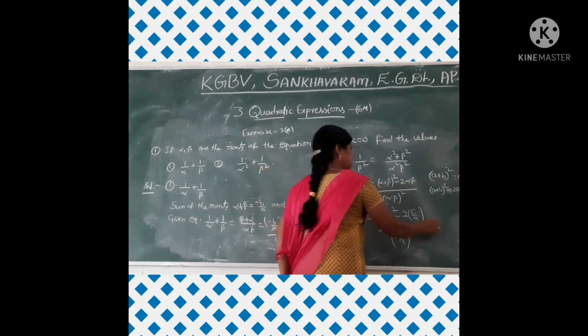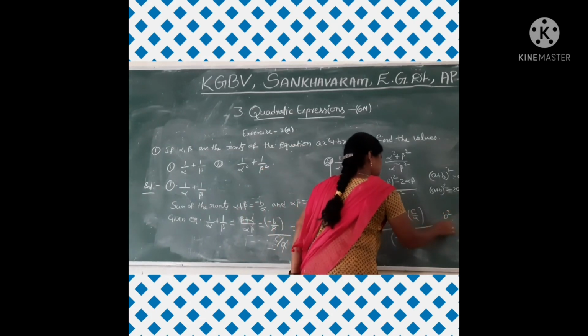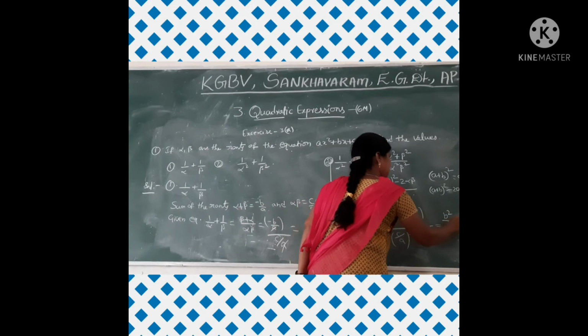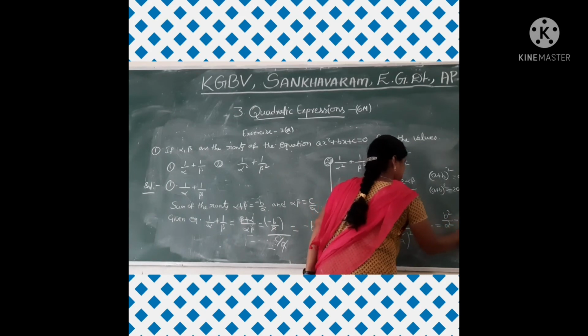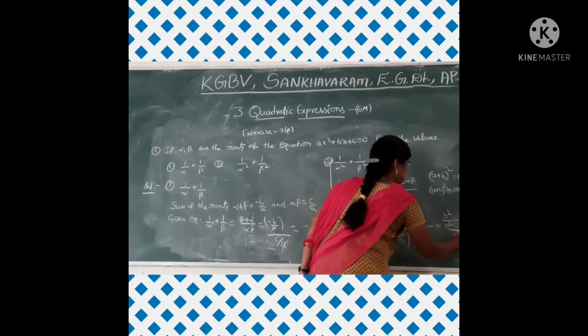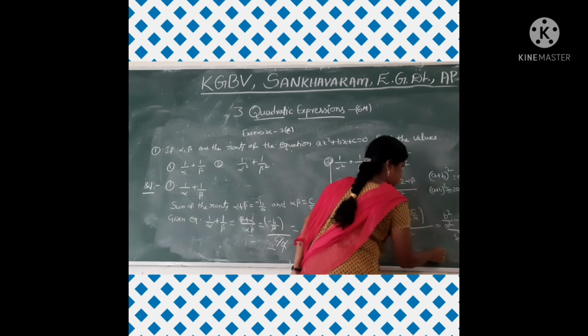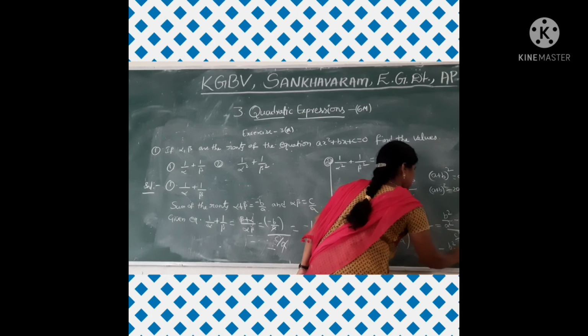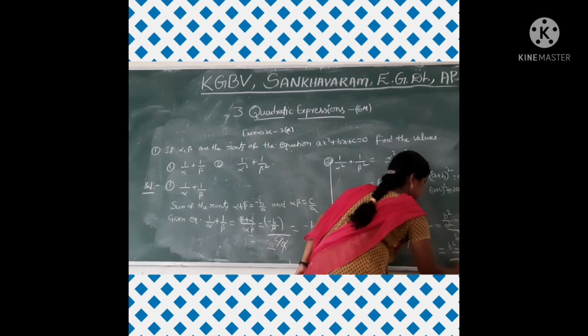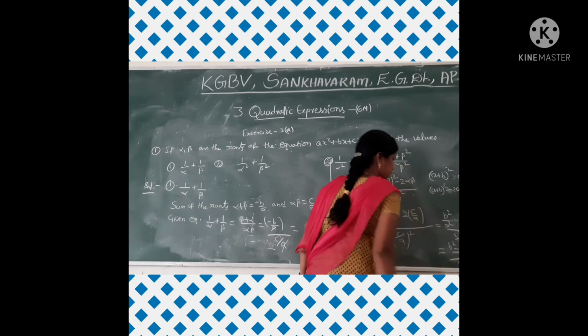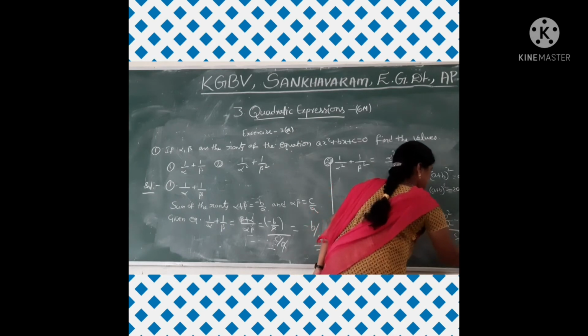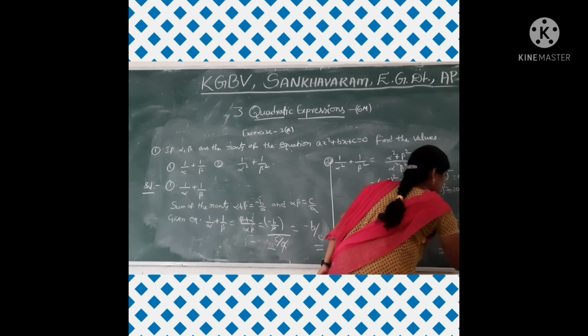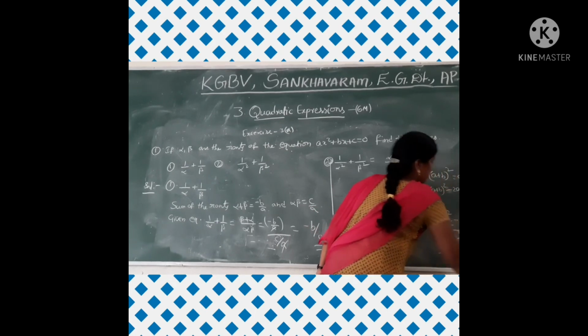Here write b square by a square minus 2c by a by c square by a square. We can write b square minus 2ac by a square by c square by a square. A square cancels, and we get b square minus 2ac by c square. Okay?